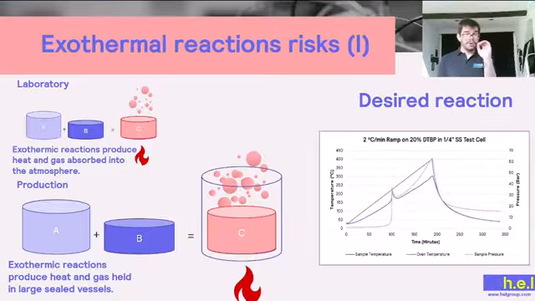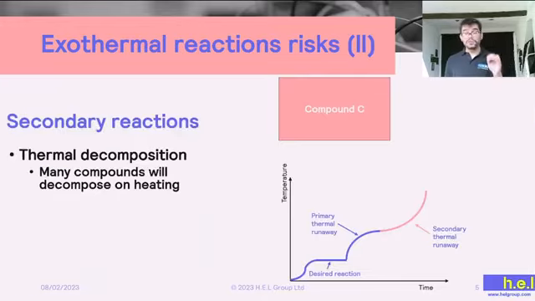And as I said, this is only on the desired reaction, but also there is a whole family of other potential reactions that can happen alongside our desired reaction. And this is what we call secondary reactions. And among this kind of reaction, thermal decomposition is particularly relevant because they can be quite dangerous.